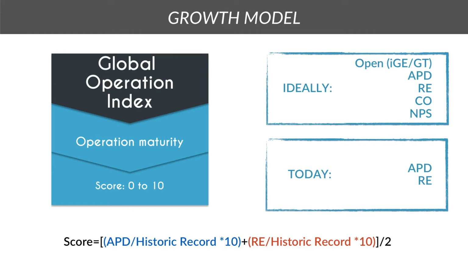So every entity will look at their scores, and then there will be a major score for that specific operation, and then a major score for the whole operation of their entity.